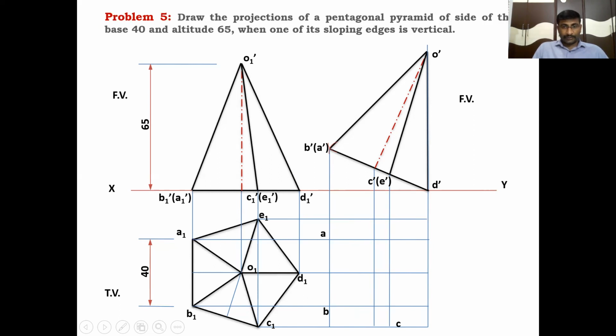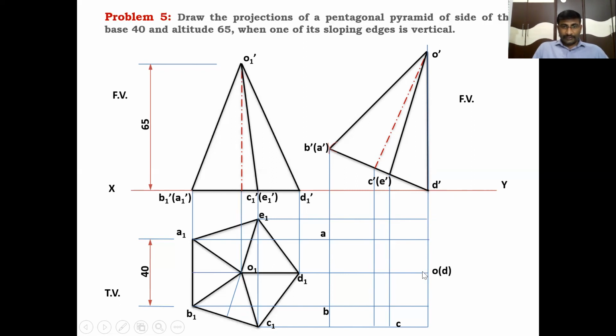C is the point of intersection between the C dash and C1 lines. And when we look from this side, O dash is visible and D dash is invisible because these coincide with each other. An invisible point is in brackets; a visible point is outside the brackets. O is invisible, so without dashes, you have to locate O of D in the top view.